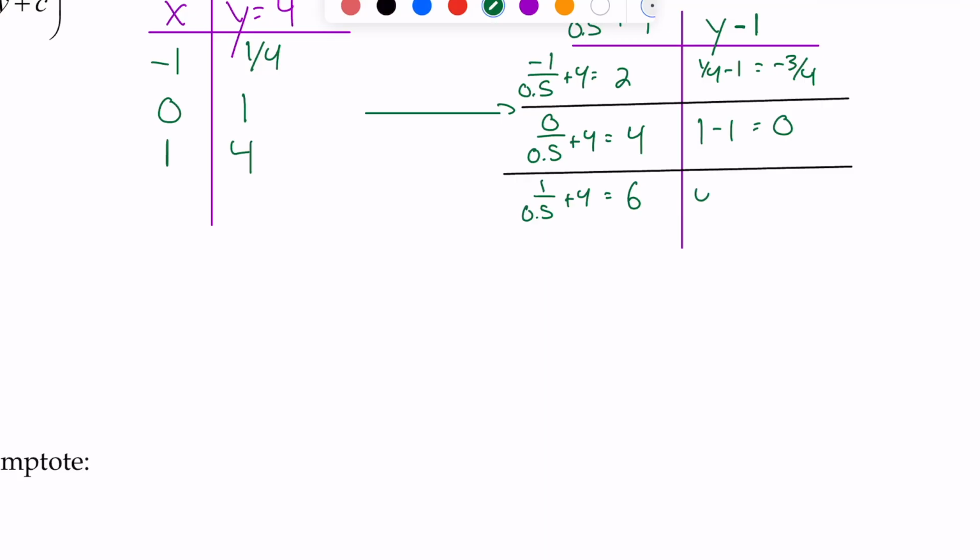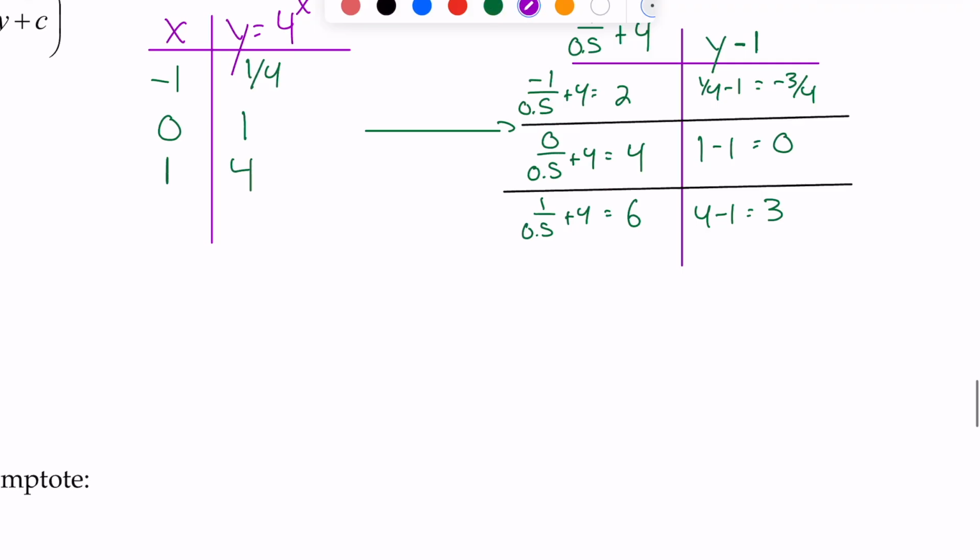And then 4 take away 1 is going to be 3. So we're plotting the coordinate 2 and -3/4, which as a decimal is -0.75. We're also plotting 4, 0, and then 6, 3.